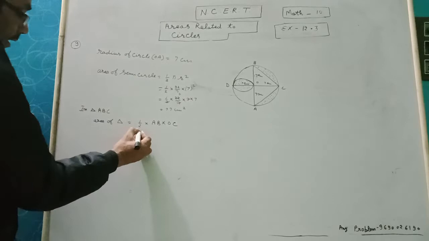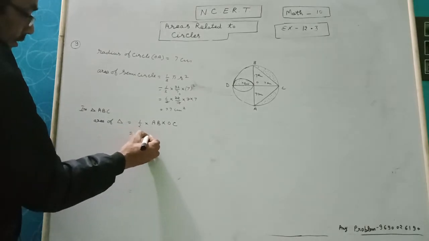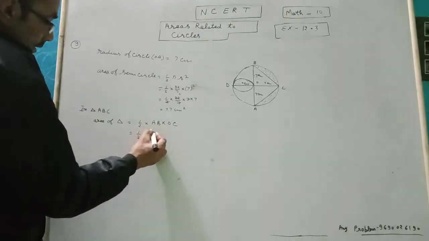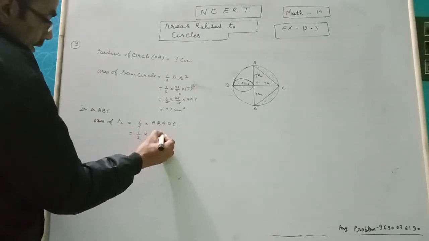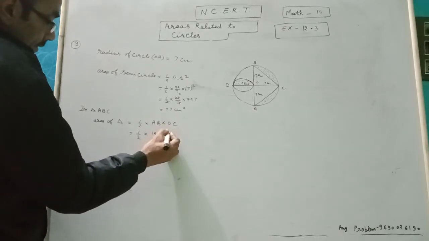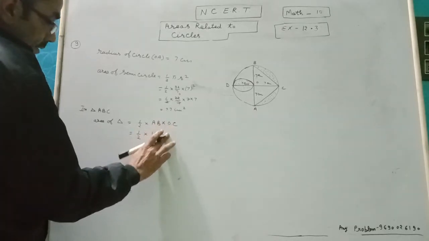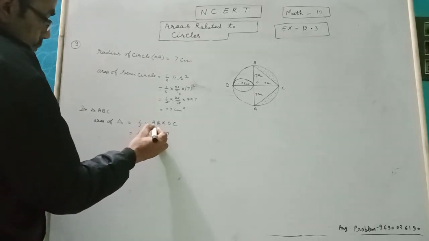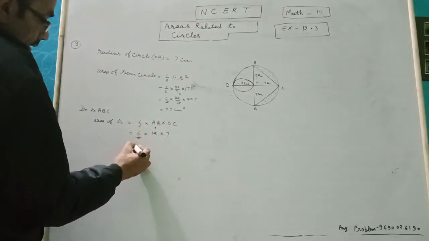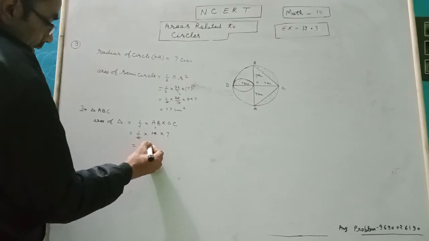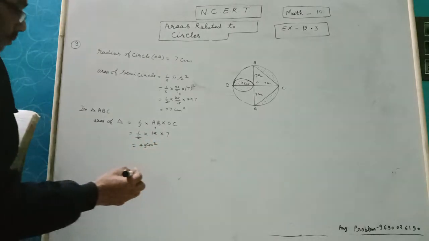Now put the values: 1/2 into AB will be 7 plus 7 is 14, OC is 7. 7 times 7 is 49 cm square, which is the area of the triangle.